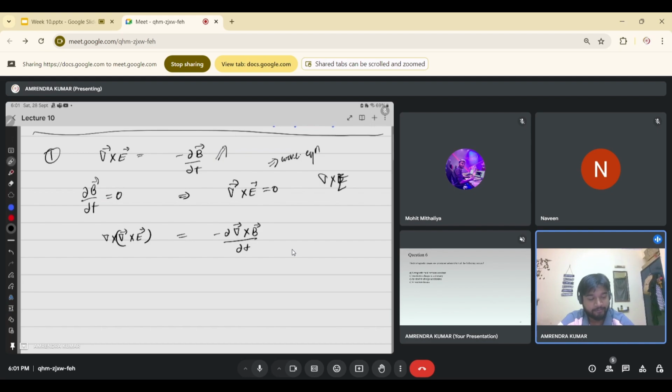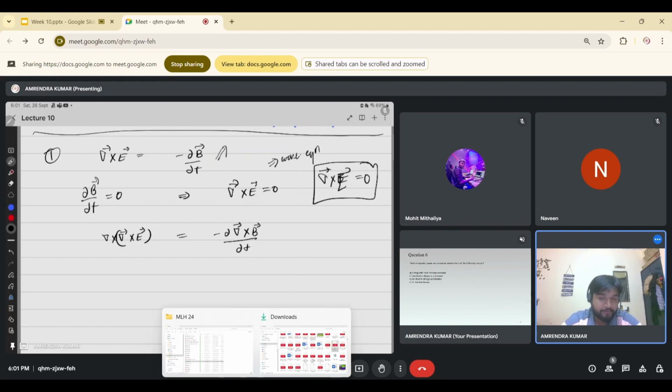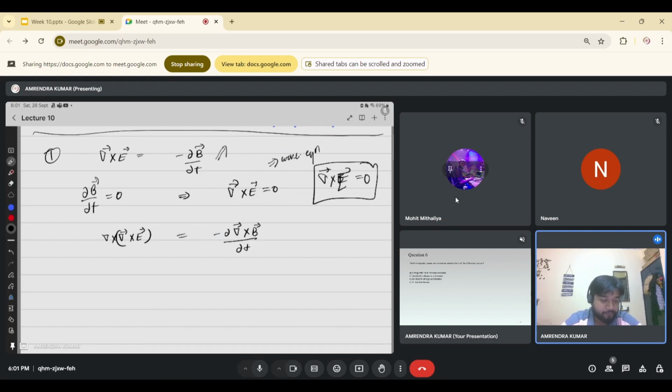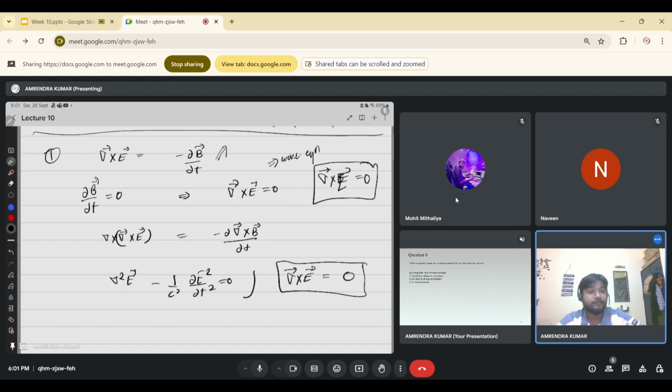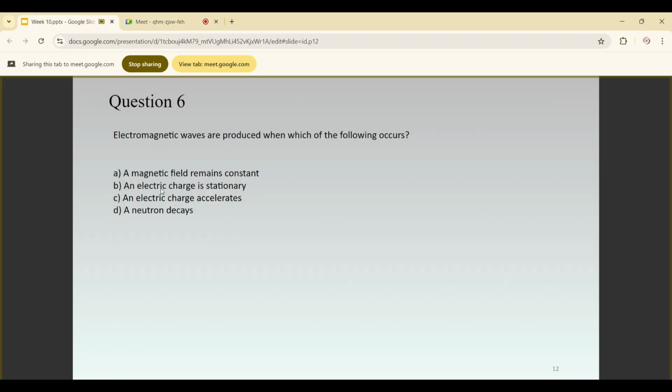This del cross E equal to zero is the equation that you have, and you can check it easily, but it won't give you any wave kind of equation like del square E minus 1 over c square del square E over del t square equal to 0. The only equation you have is del square E equal to 0, because del B over del t is 0. So in the case of a non-changing static magnetic field, we won't get anything.